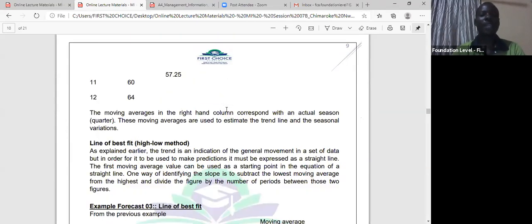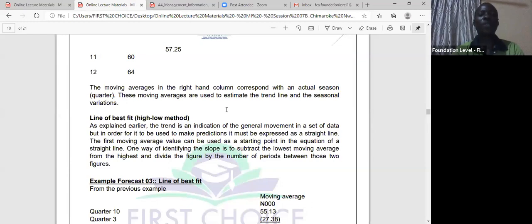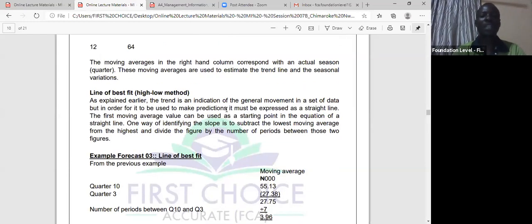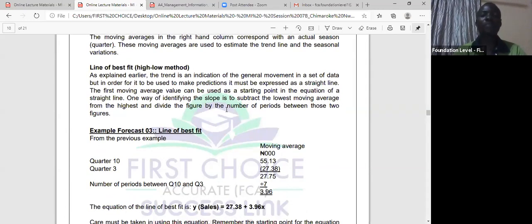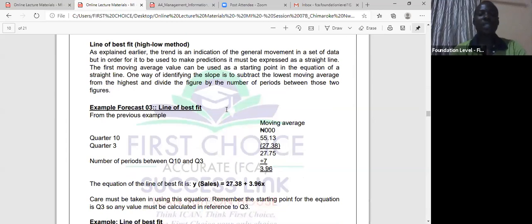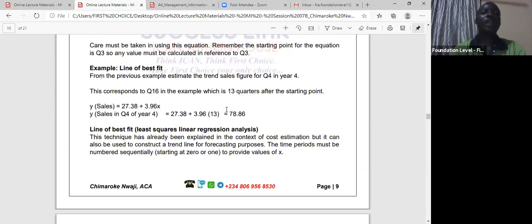Okay, then we now use the high or low method to get the line of best fit. And I told you that I prefer you using the high or low method every time to get the line of best fit.